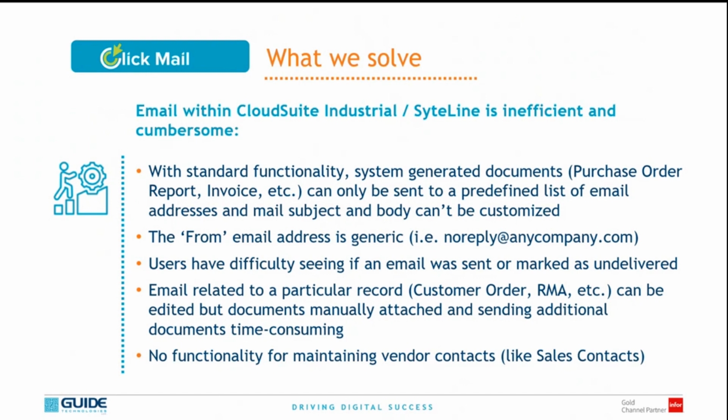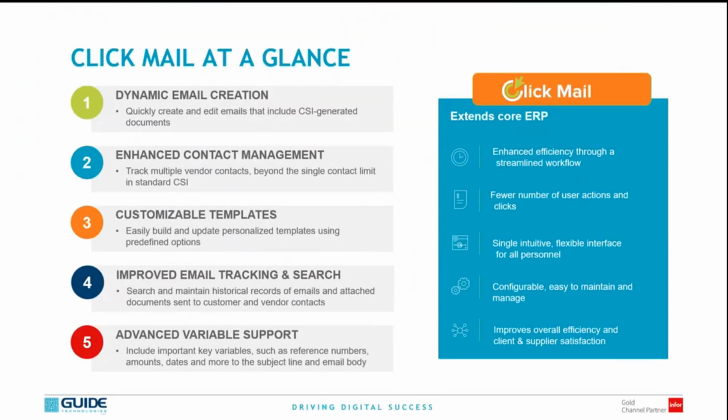Being able to tailor the message, attach documents at will, know what you sent, was it delivered, right? What did you send to whom, when, and did it go through or not? And then another limitation that we have solved is contact management on the supplier side, on the vendors, is limited. There's one field. So we'll be talking about how we have solved that solution.